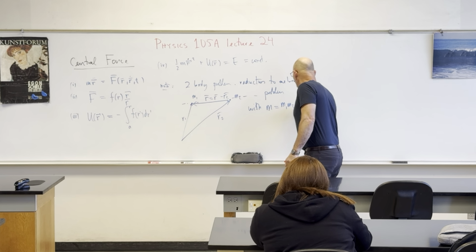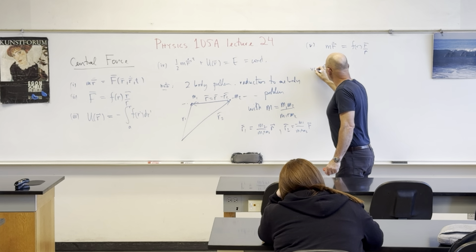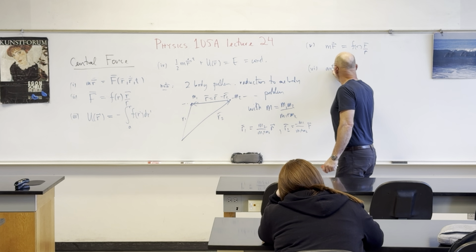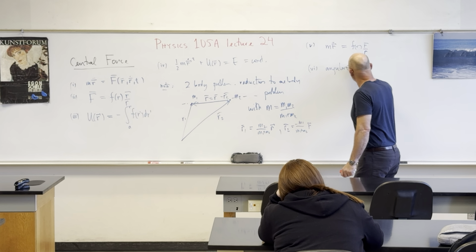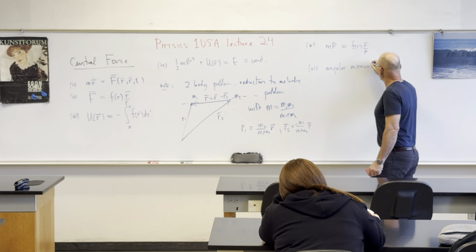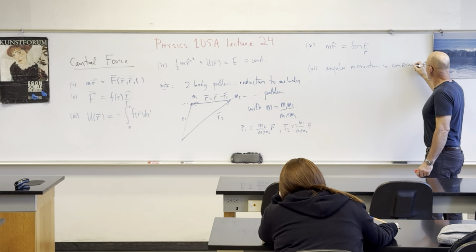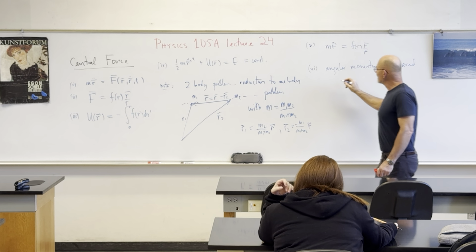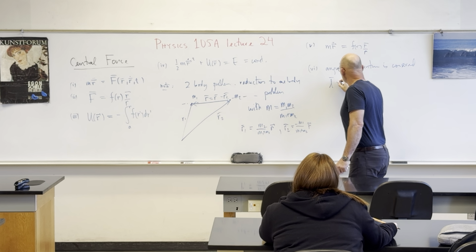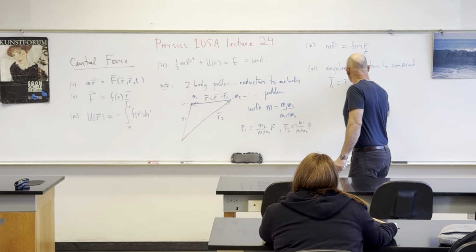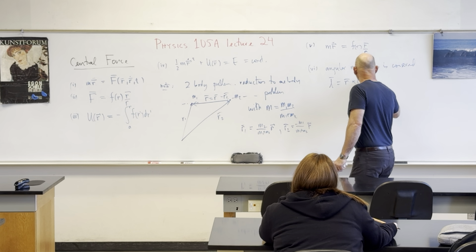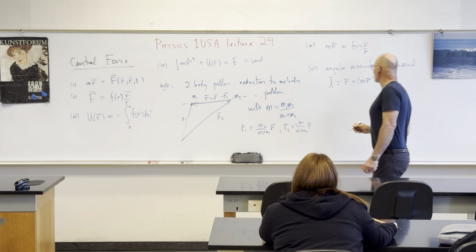Okay, so then we continued on, and we had angular momentum, and we found that that is also conserved. And that angular momentum is L equals R cross M R dot. We'll write it that way.